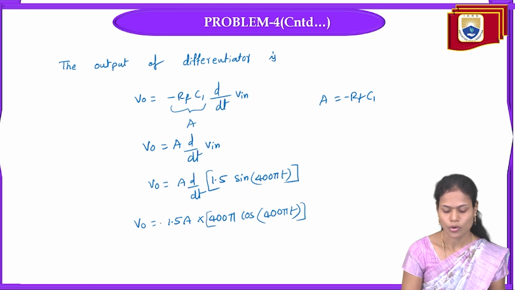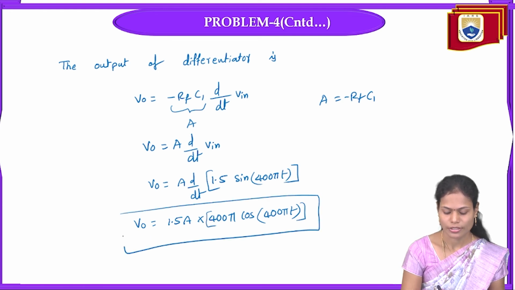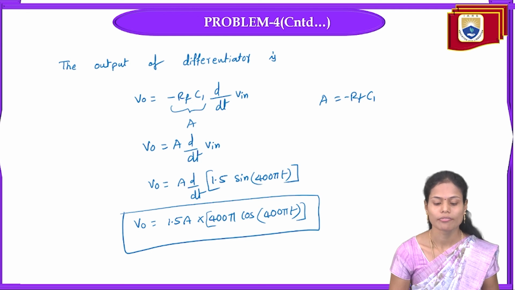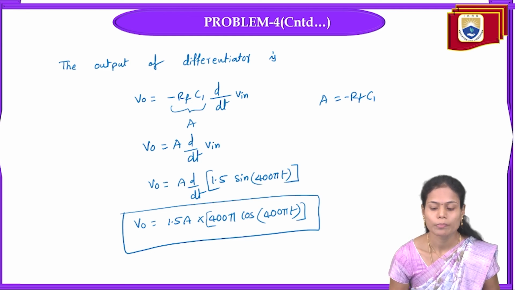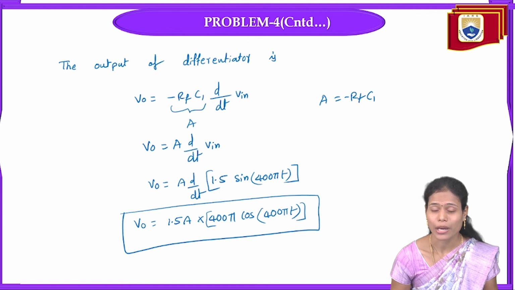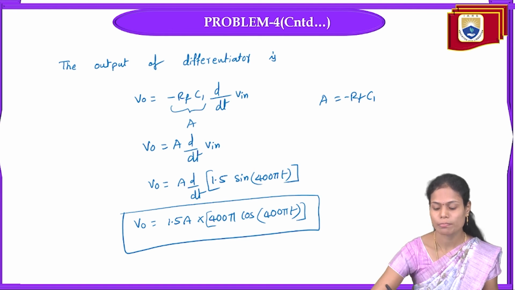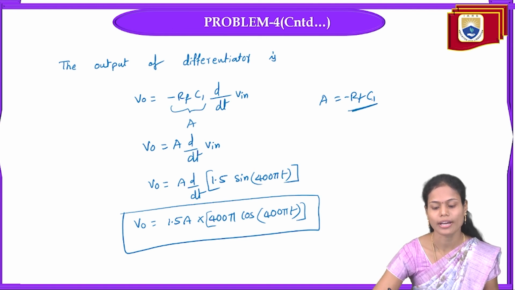This is the output signal for the given input signal Vin. So here the output is a cosine wave of the same frequency. The frequency is not changing: 400 pi t in the input signal and in the output signal also. But the amplitude of the output signal depends upon the values of RF and C1. But we don't know those values, so that's why we are not taking them.